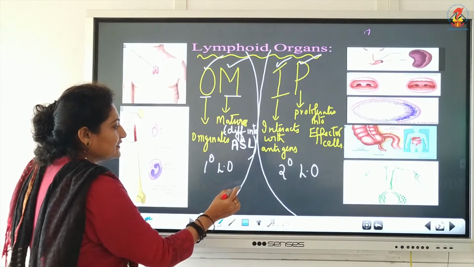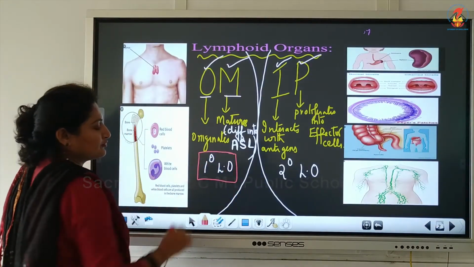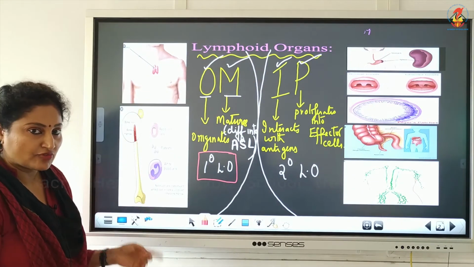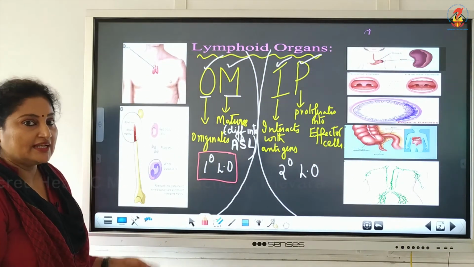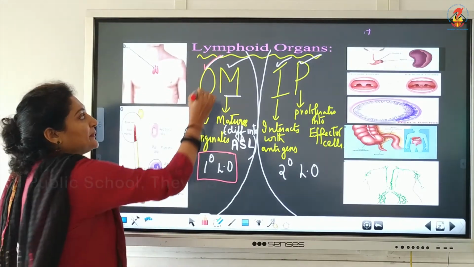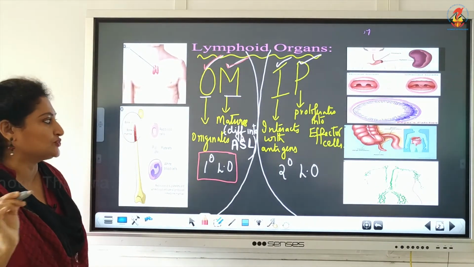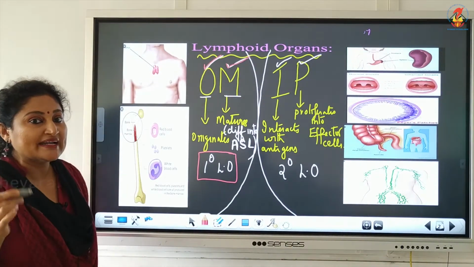So, I am again reiterating the definition for primary lymphoid organs. Primary lymphoid organs are organs where lymphocytes originate, that is they are formed, and mature. When you specify matures, you must say into what they mature. That is, they mature by which process?